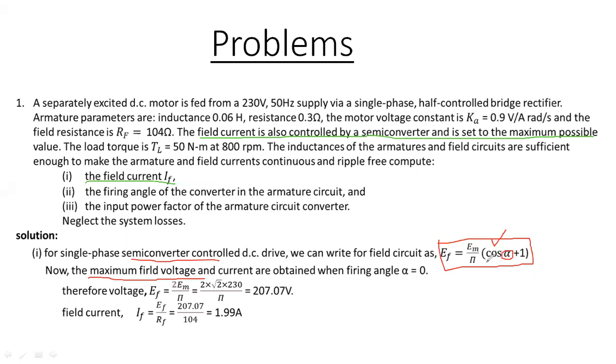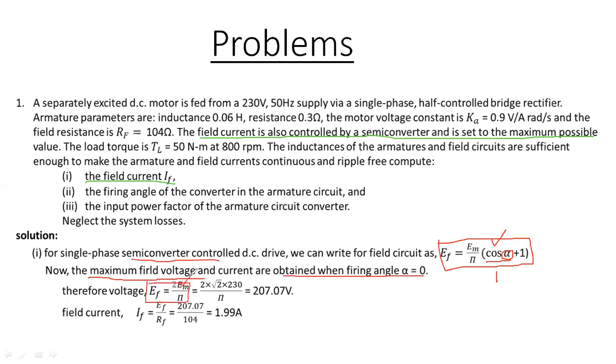If alpha is 0, then cos alpha will be 1, so 1 plus 1 will be 2. So the EF is 2 EM by pi.